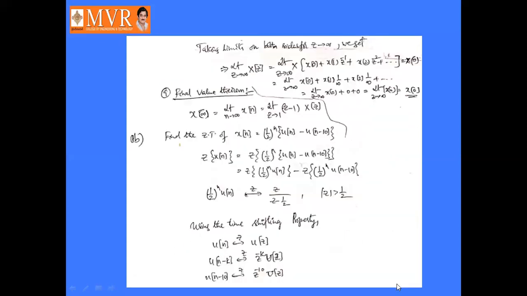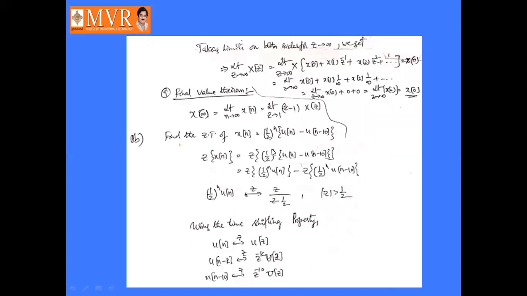Taking limits on both sides for z tends to infinity, we get limit z tends to infinity x of z is equal to limit z tends to infinity of x of 0 plus x of 1 into z power minus 1 plus x of 2 into z power minus 2, which is equal to x of 0.